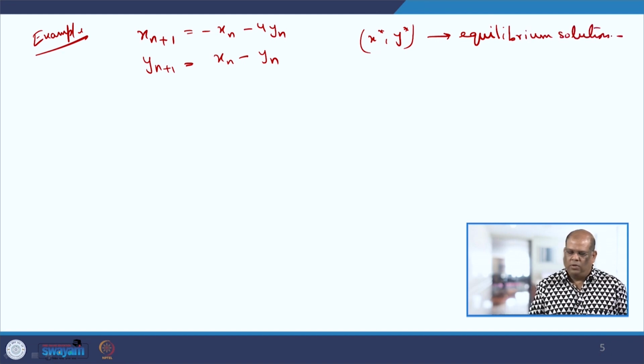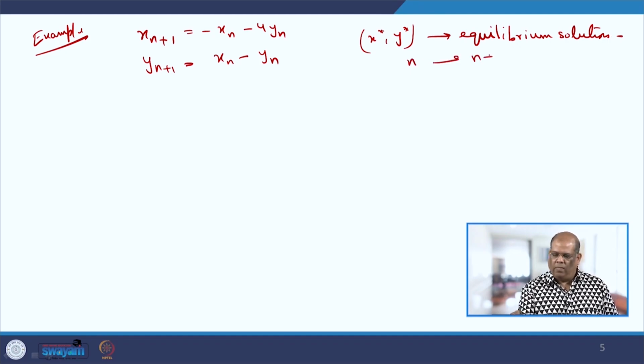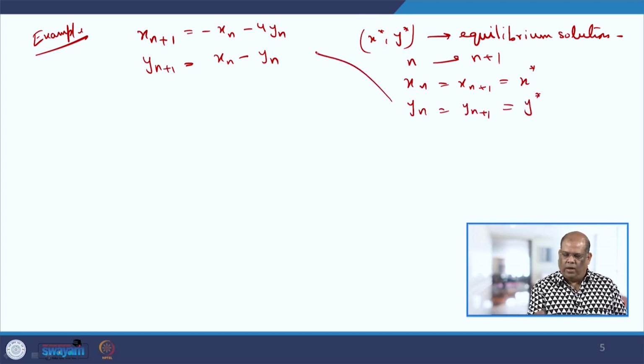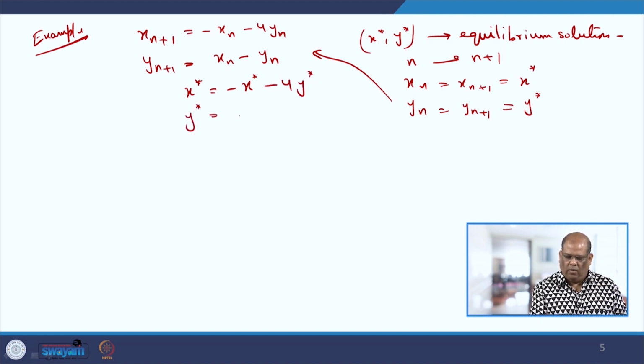By equilibrium solution I mean that there will not be change from n to n plus 1, and hence I can replace this xn and xn plus 1 by the equilibrium solution x star and similarly with the variable y. So, I substitute it here and you get x star equal to minus x star minus 4 y star and y star equal to x star minus y star.